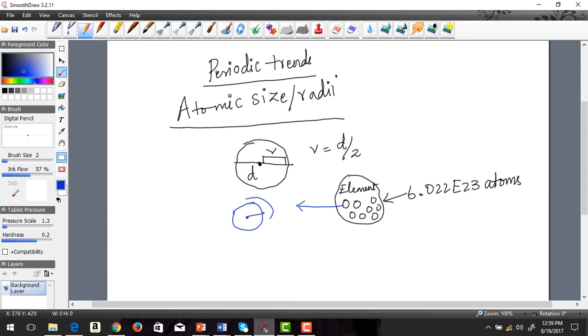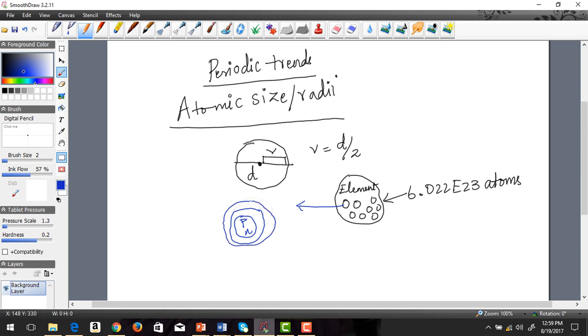Remember, an atom has a nucleus. I'm going to get rid of this and redraw it. For some reason with these tablet pens, it's very difficult to draw circles. So anyways, I'm just looking at a single atom, and we know the atom's nucleus has the protons and neutrons, and here you have your shells.